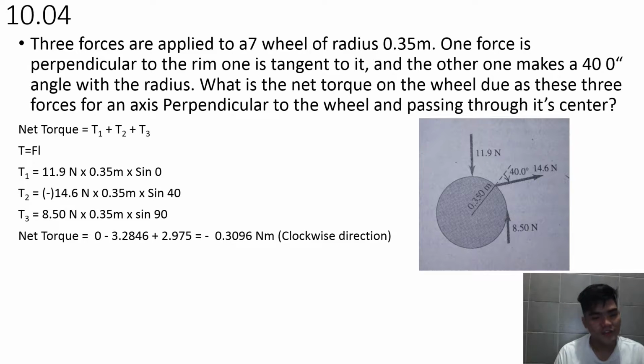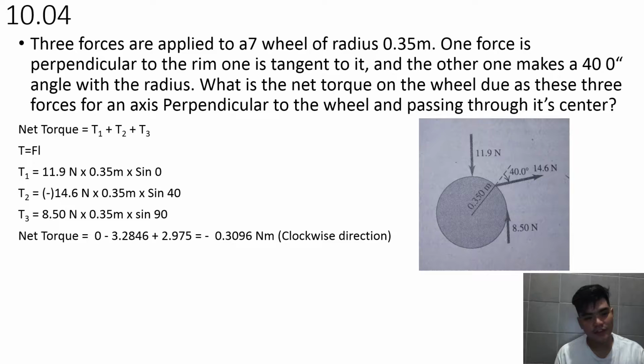The torque of the first force is 11.9 newtons times 0.3 meters, which is its distance from the axis of rotation, times sine 0, since it is directly headed towards the axis of rotation.